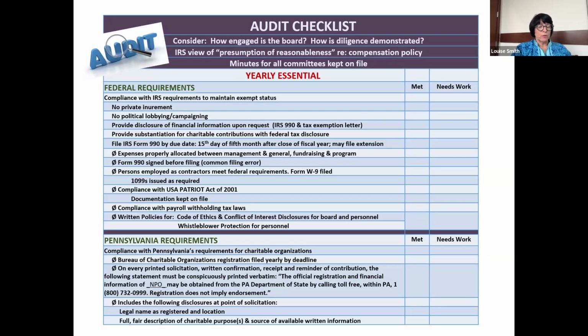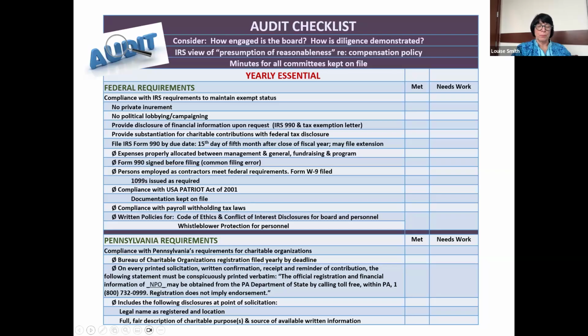So not only do we have federal requirements, but we have PA requirements, Pennsylvania requirements for those nonprofits who are in Pennsylvania. Primarily, it's with the Bureau of Charitable Organizations. And we have until the 11th month after the fiscal year end to file the annual report that goes into them, called the BCO 10.